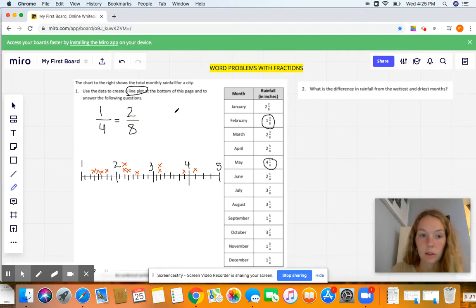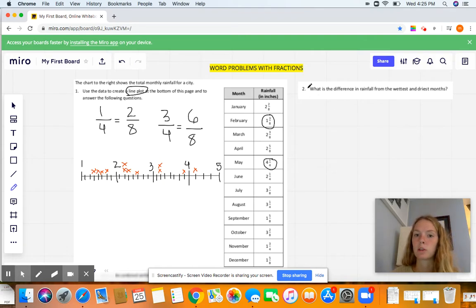Same as 3/4 I know is equal to 6/8. So it takes a bit more time and it's a bit trickier, but I can still do it. So I'm now done plotting all of my points, and I'm going to start my questions.